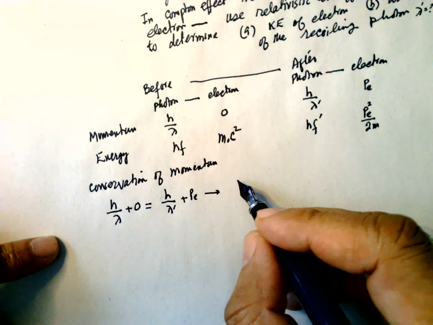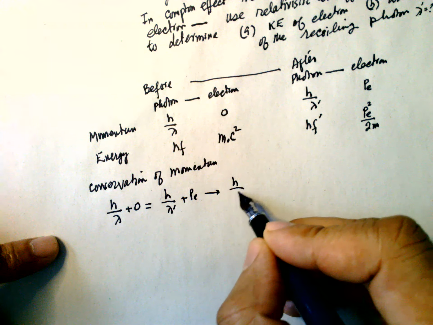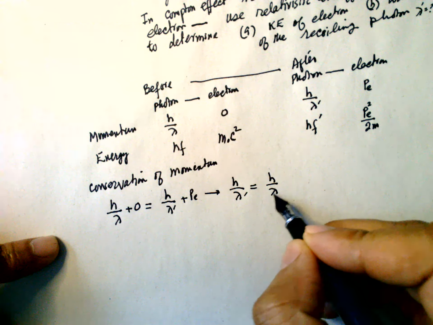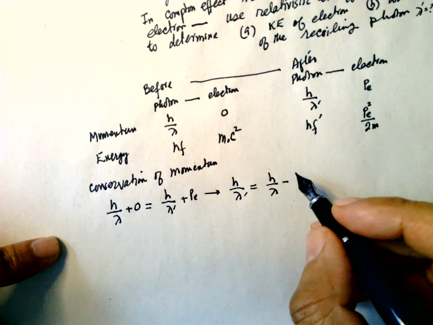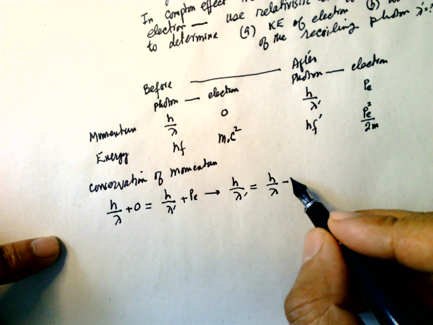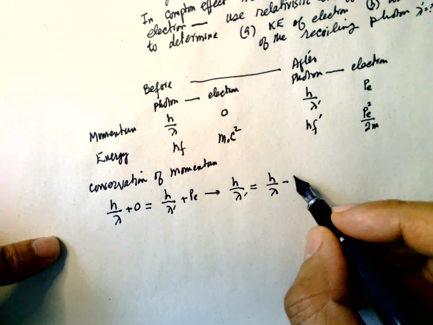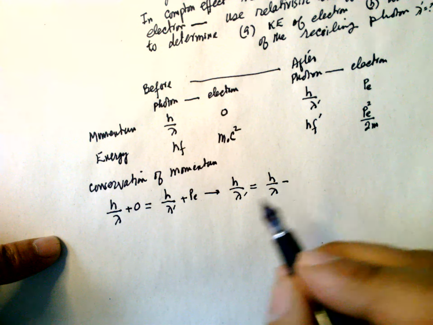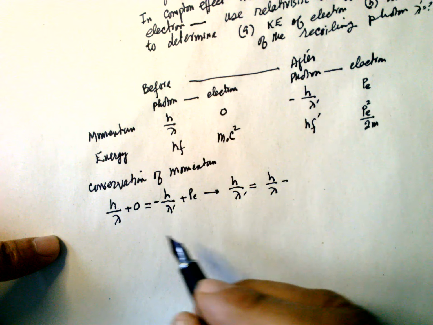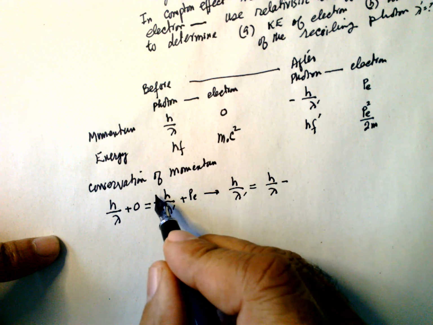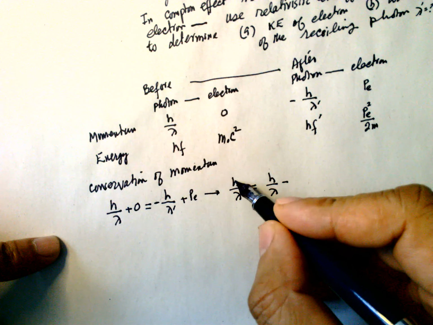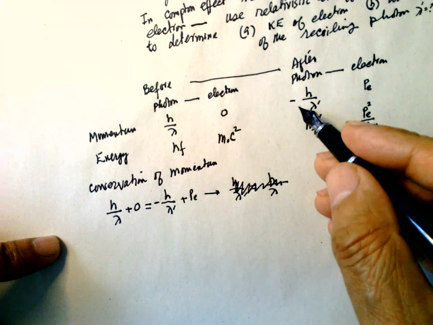So this gives us that h over lambda dash is equal to h over lambda minus PE. No, this is negative because it's recoiling. So it's a negative.